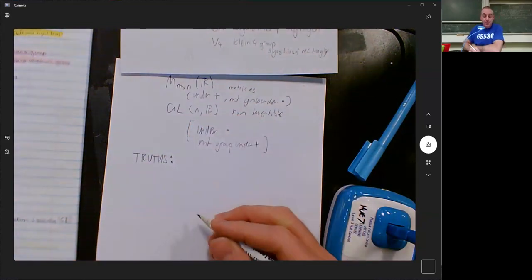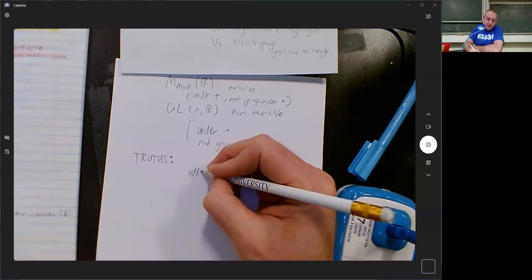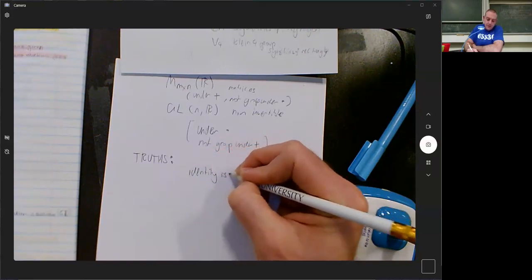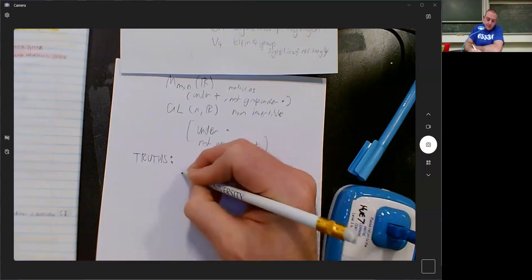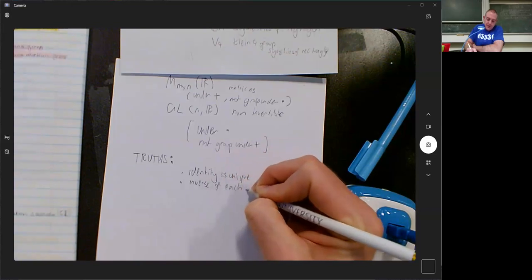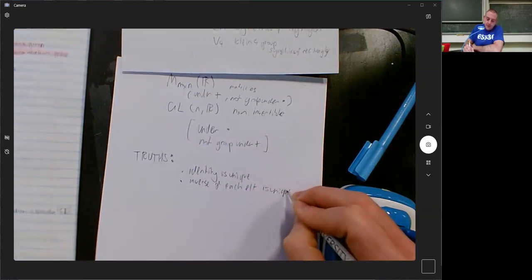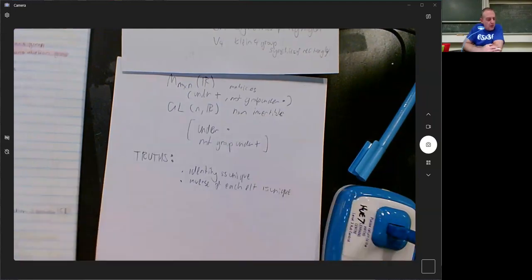Some truths are that the identity is unique. The inverse of each element is unique. And then this other theorem: if A times B equals A times C, then B equals C.